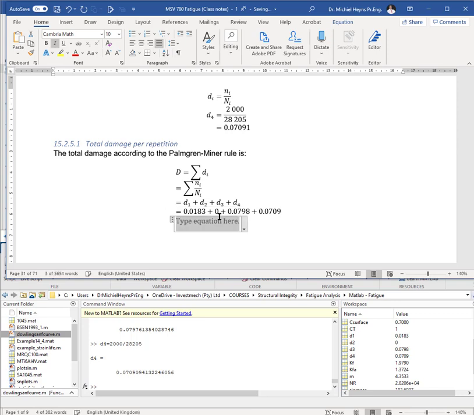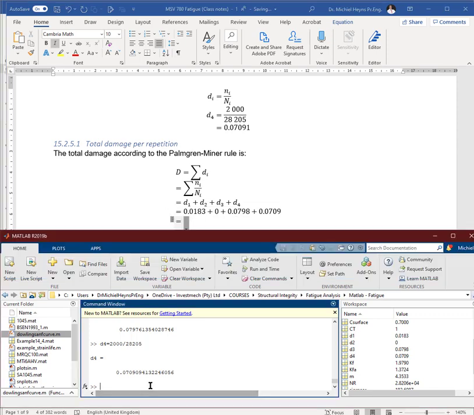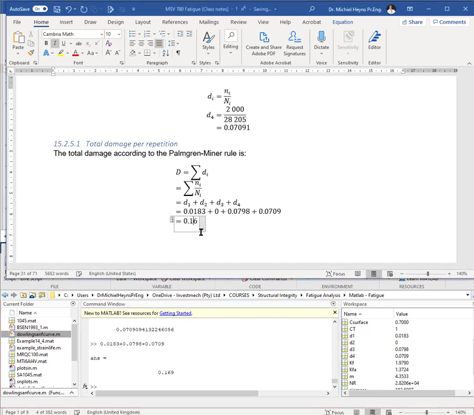I'm just going to calculate them up here: 0.0183 plus 0.0798 plus 0.0709. That's what we have. The total damage is 0.169.